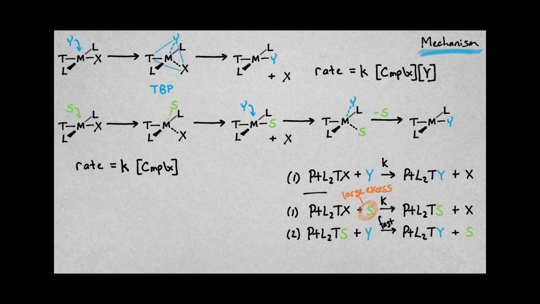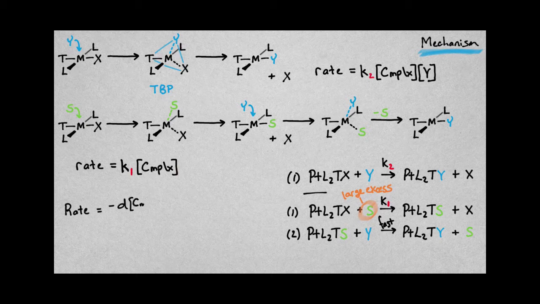So in other words, this pathway has what you would expect for a typical second order type of rate equation, whereas the one with solvent involved looks more like a first order process. We're going to label K in the two-step mechanism as K1 and in the one-step pathway as K2, so we can distinguish those two rate constants.